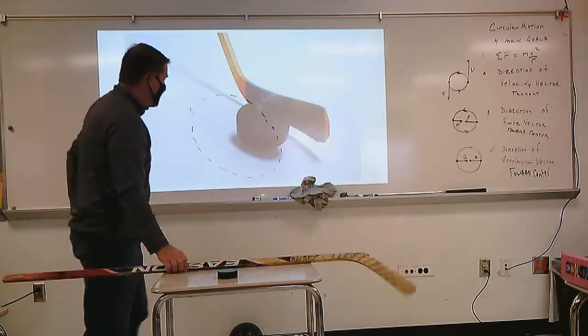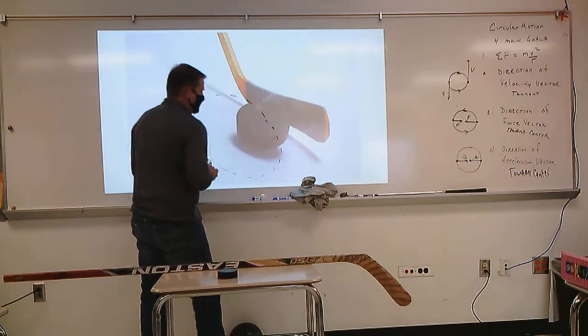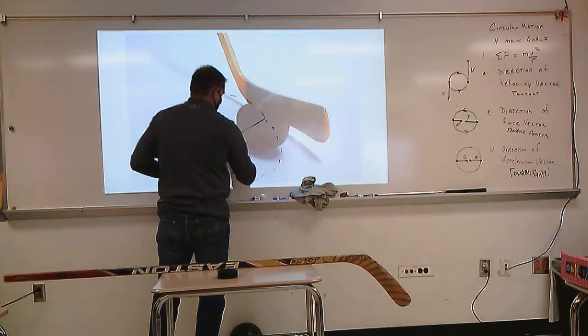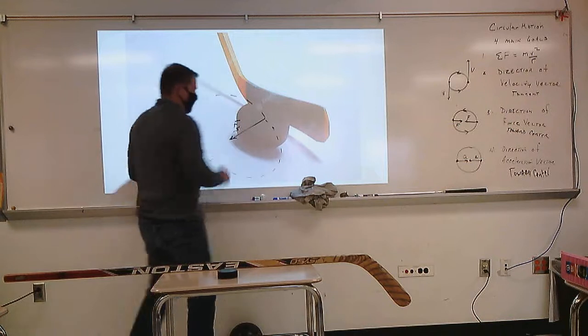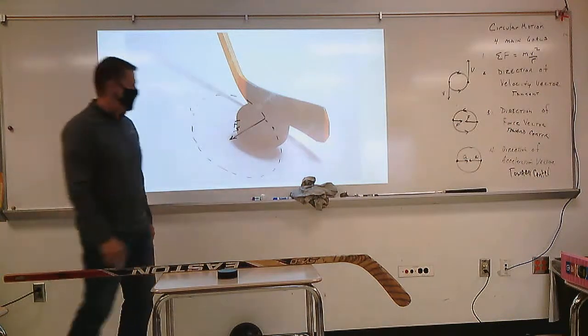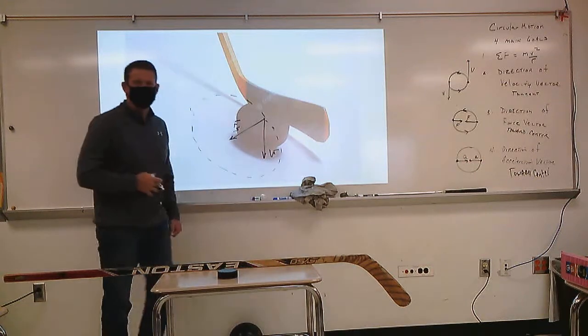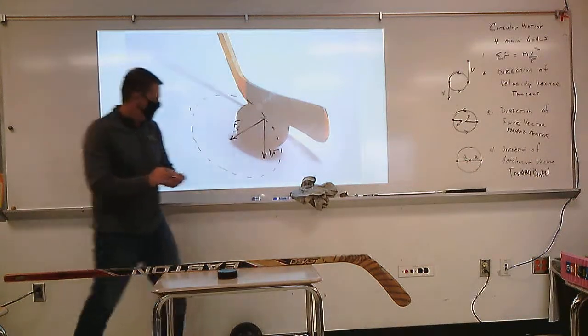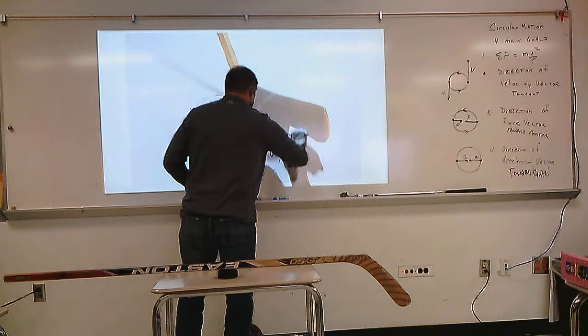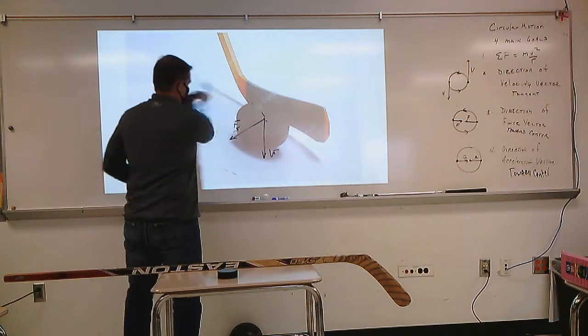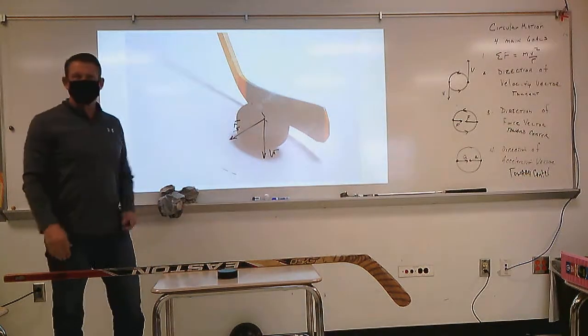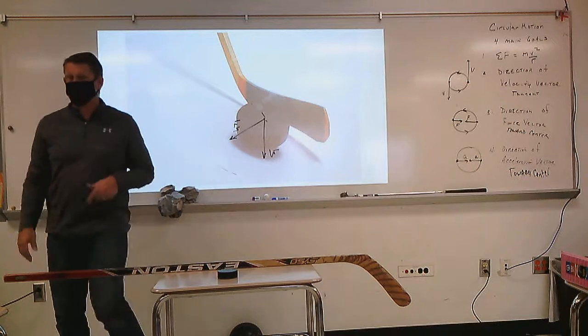So again, if we're drawing the force diagram of the forces acting on this puck, then I've got a stick force going this way, and I've got a weight force going that way. Ooh, what's wrong with this diagram? There's a couple things wrong with that diagram.